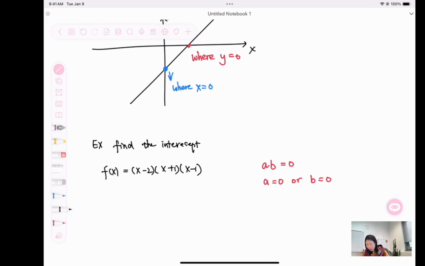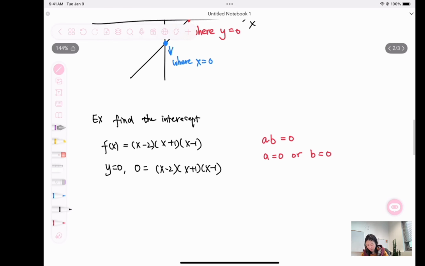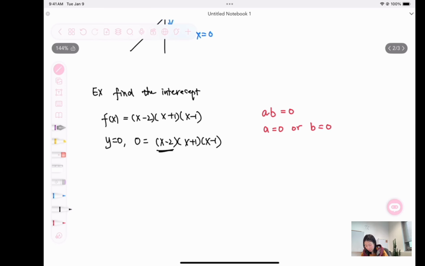So now, if we want to find the x-intercept, we need to let y equal 0. So I have 0 equals x minus 2 times x plus 1 times x minus 1. That means either x minus 2 equals 0, or x plus 1 equals 0, or x minus 1 equals 0.